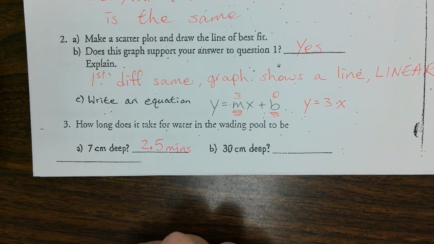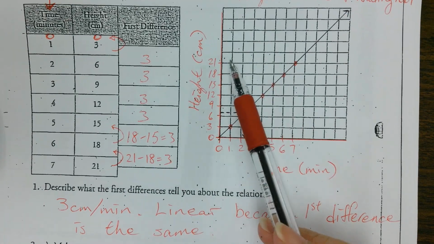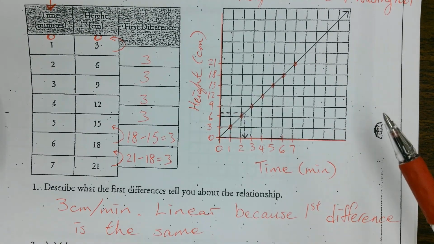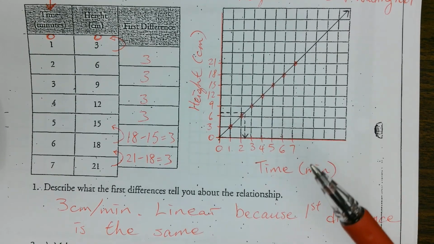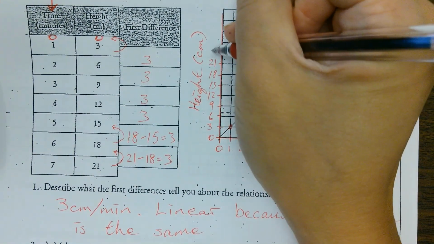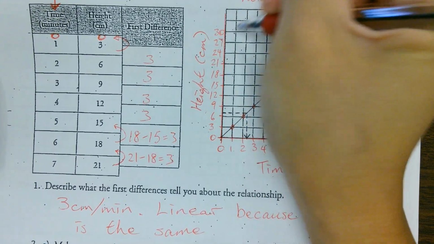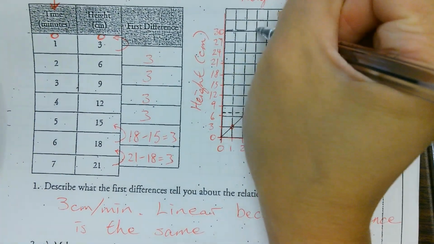Okay. What about 30 centimeters? My graph only goes up to 21. So what should I do? Yeah, extend it. So 18, 21, 24, 27, 30. There you go. Draw a dotted line across.